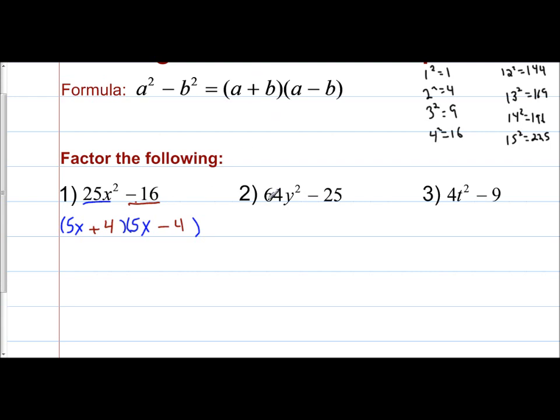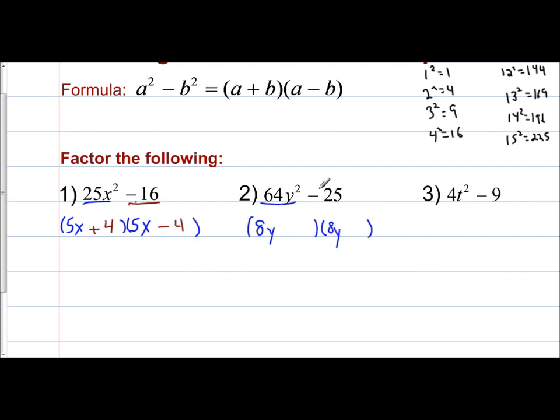Same thing goes with number 2, 64y squared minus 25. There is no GCF. I see they're perfect squares, so I'm going to try my difference of squares technique. I'm going to take the square root of the first term. The square root of 64 is 8, and the square root of y squared is y, so you have 8y as your first term in both parentheses.